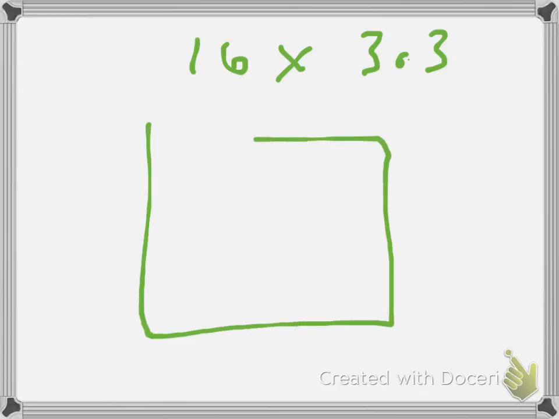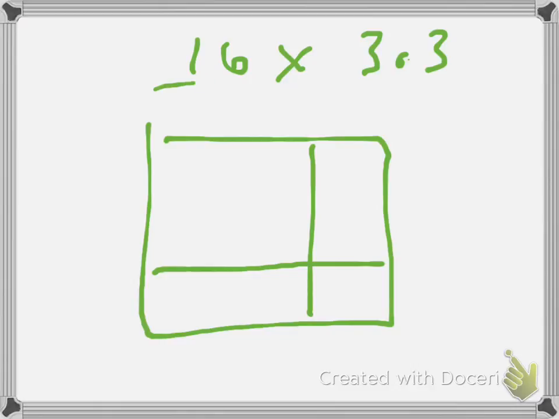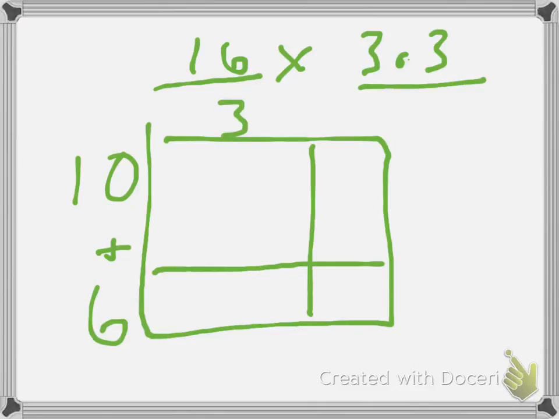First draw a square, and then draw a line here and a line right there. Now you're going to separate the 16 into 10 and 6. If you add them together, of course, you get 16. And then over here, you're going to separate the 3 and the 3/10. If you add them together, you get 3 and 3/10.